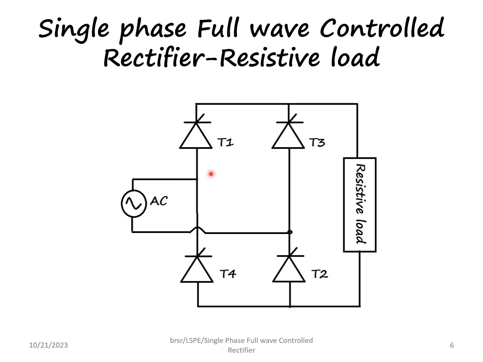T1 is forward biased. Here when it is minus, the T2 thyristor is getting forward bias because negative is available to the cathode. And here if we see T3 is reverse bias because negative is available to the anode. So during positive half cycle, this junction is positive and this junction is negative. During negative half cycle, this junction is negative and this junction is positive.